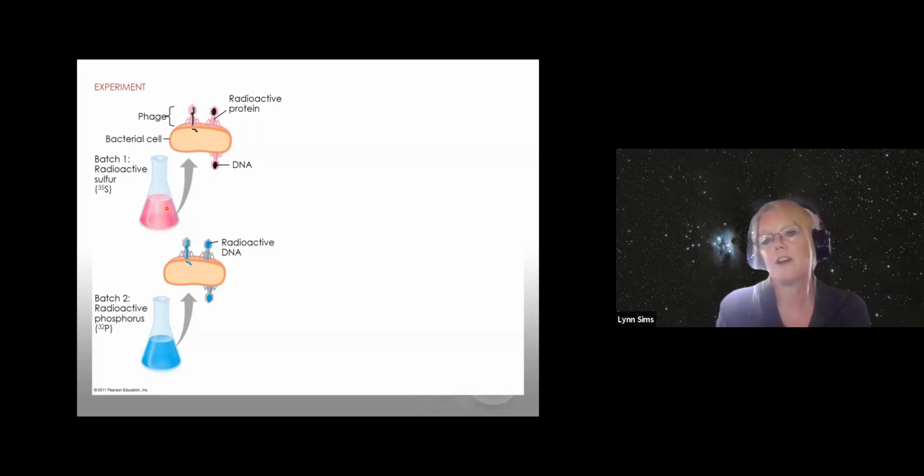Remember, we talked about isotopes. Radioactive isotopes can be used in studies, and this is an example of one being used. And then in batch 2, these are separated, radioactive phosphorus. So sulfur is found in proteins. If you remember the cysteine, which has that sulfhydryl group, that's found in proteins. It's not found in DNA.